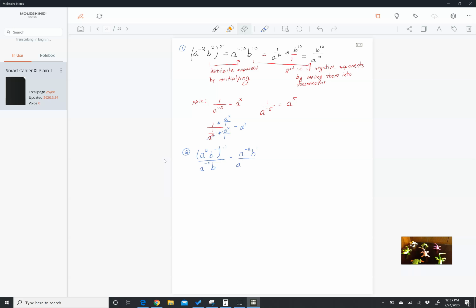And now this is a to the negative 4, also b to the 1. Okay, so our first step here was the same. Get rid of parentheses by distributing. Okay, that means you're multiplying exponents.